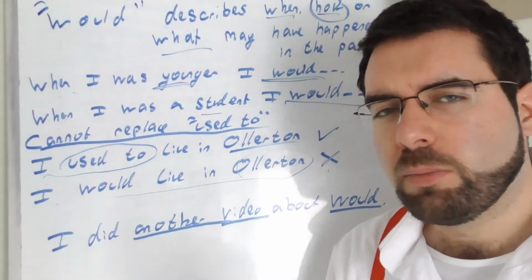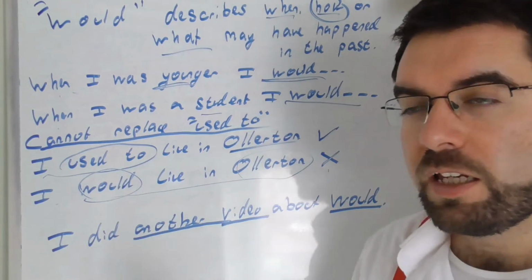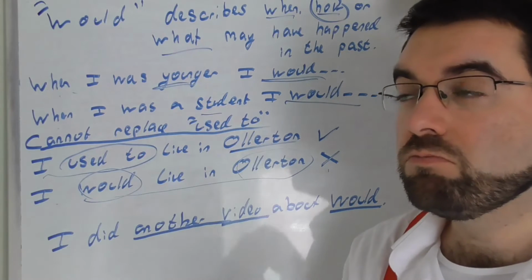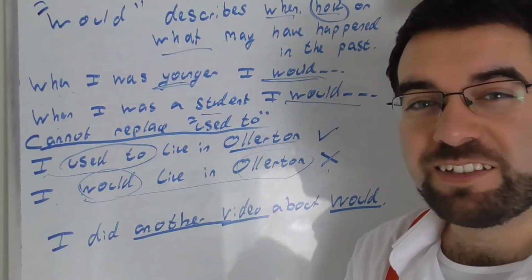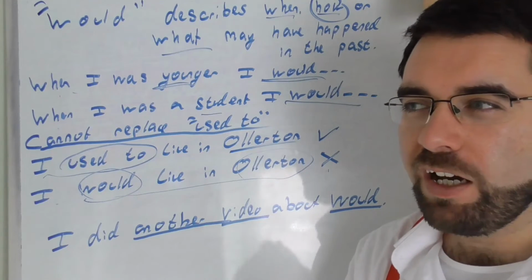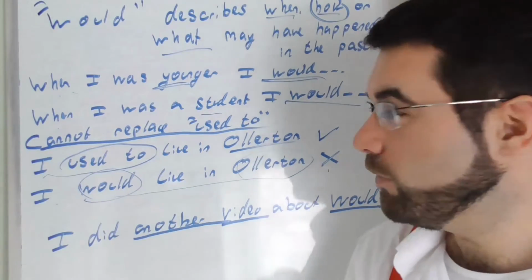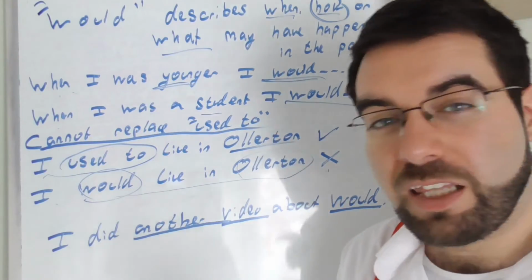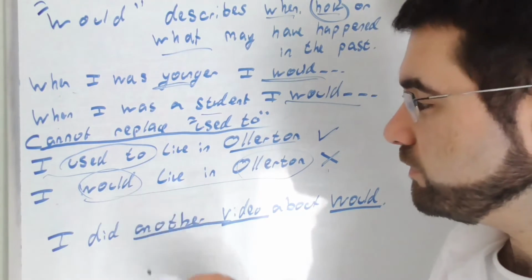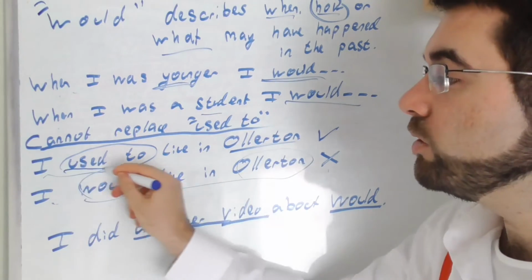No. However, interestingly, you could talk about the future here, saying I would live in Ollerton if I wanted a smaller, simpler life, I guess. Other than that, I don't think I would. But I would live in Ollerton is wrong for the past. I used to live in Ollerton.